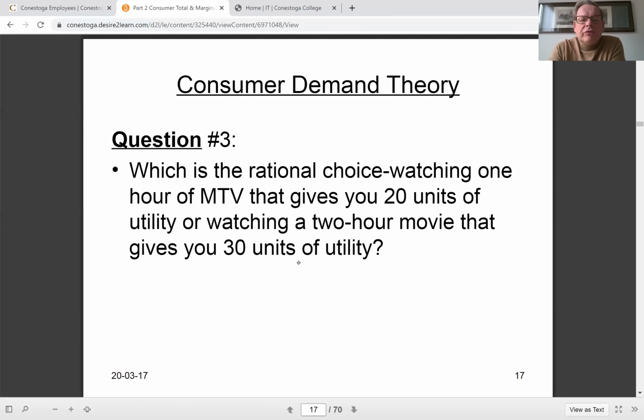So if you're watching 1 hour of MTV that gives you 20 utils, you're getting 20 units of satisfaction per hour. And if you're watching 2 hours of a movie that gives you 30 utils, the utils that you receive on a per hour basis is going to be less than the 20. So the rational choice here will be for the consumer to watch MTV.